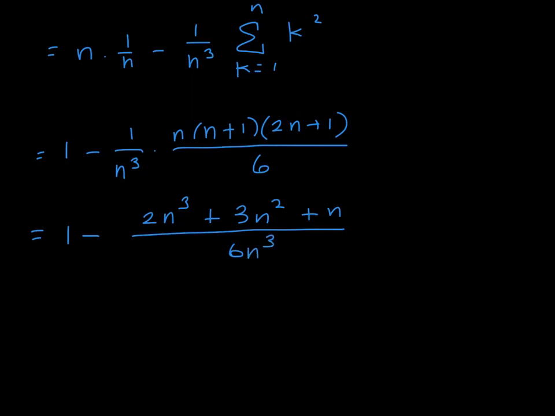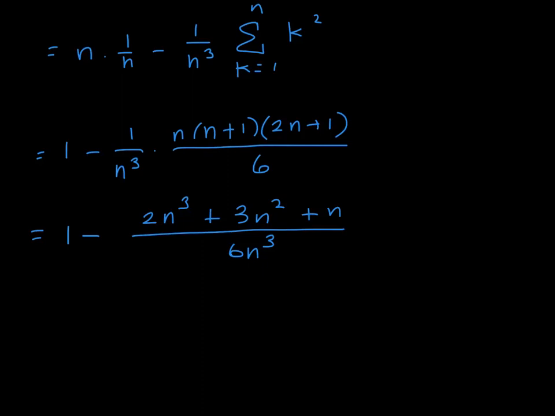Now we have an expression for the lower sum that is true for any number n, for however many rectangles you wish to use. You want to use 4 rectangles like we did earlier. You want to use 16 rectangles, 20 rectangles, 200 rectangles, 1,000 rectangles. This expression will give you the lower sum.